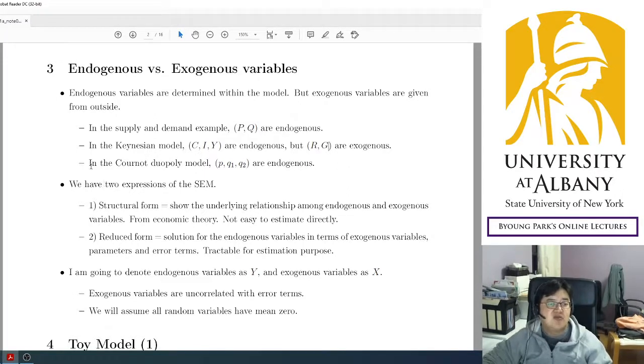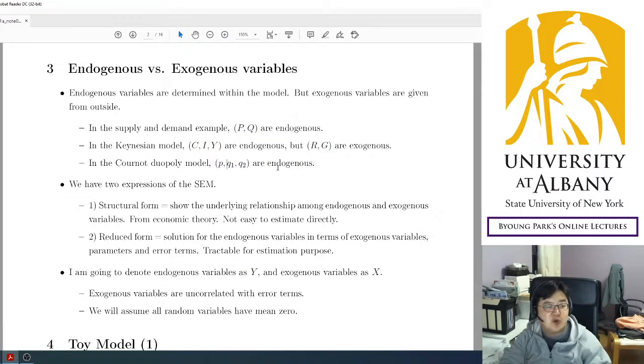Also, in the Cournot duopoly model, equilibrium price and equilibrium outputs are endogenous, right? The model is to explain how the equilibrium output is determined. But for example, marginal cost is exogenous, though it is usually not observed.